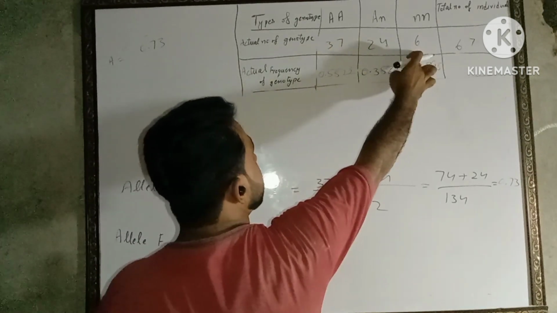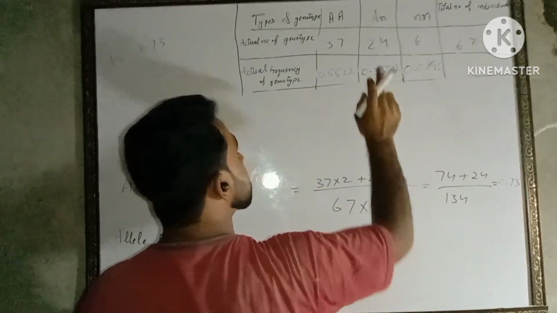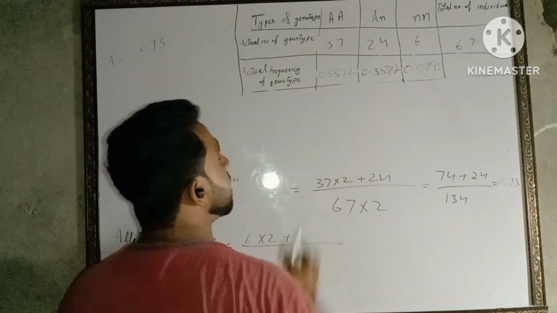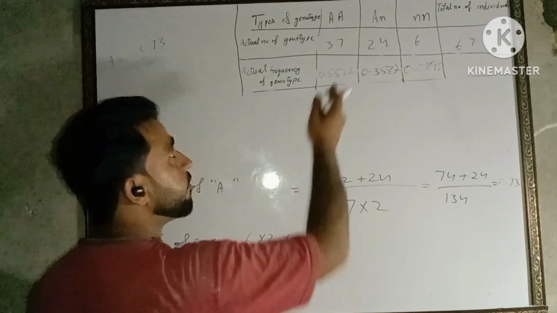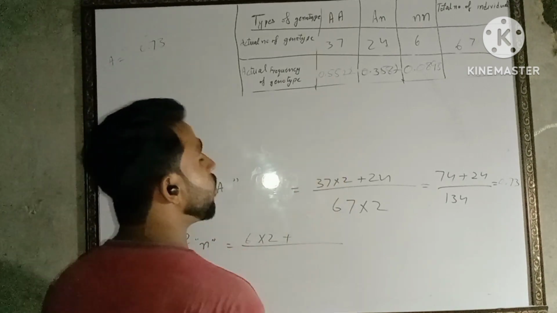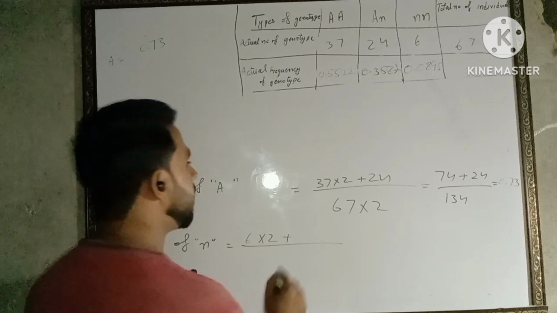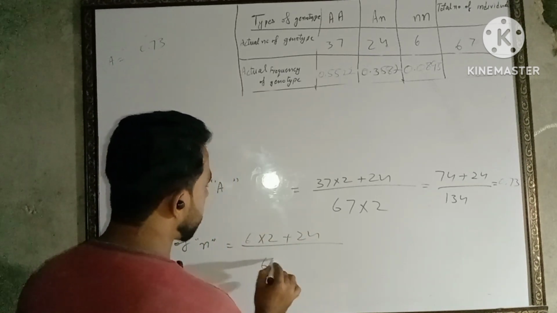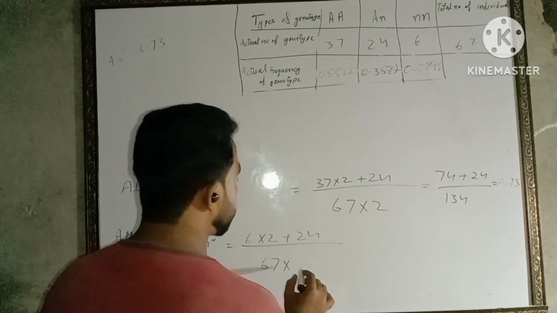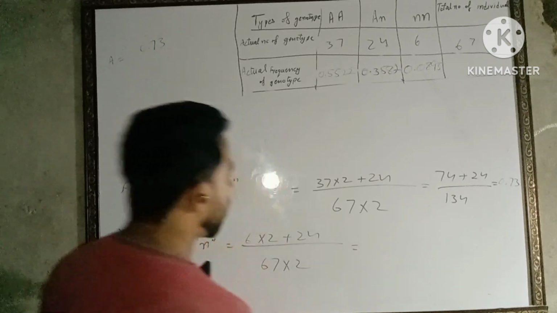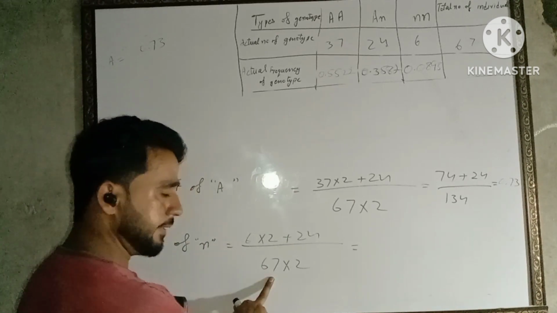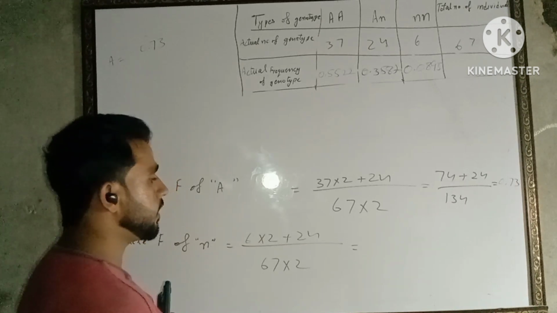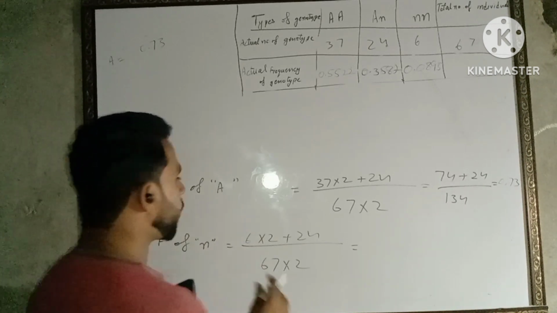If one individual has 2 N genes, then 6 individuals will have 6 multiplied by 2, and one heterozygous individual has 1 N gene, so 24 heterozygous individuals will have 24 genes. Similarly, divided by the total number of genes present in all individuals. If one individual has 2 genes, then 67 individuals will have 67 multiplied by 2 genes.